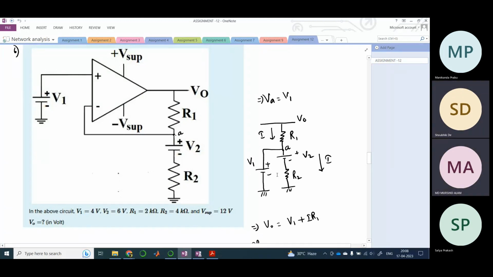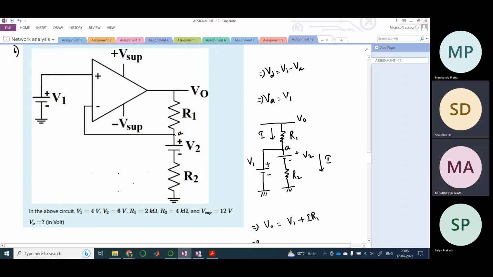Sir, if VA is not equal to V1, then how to solve this circuit? If VA is not equal to V1, then VD would be V1 minus VA, like the previous problem we solved.